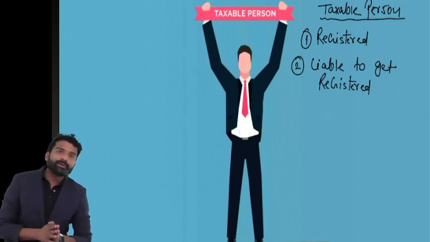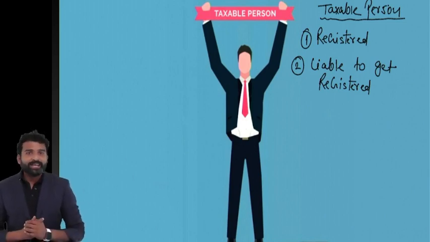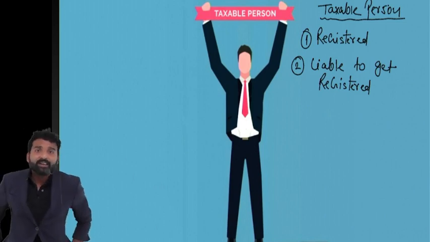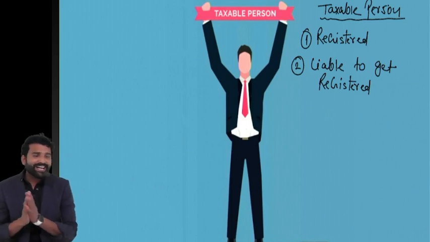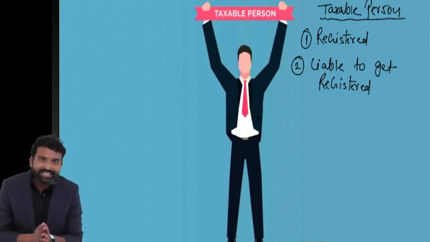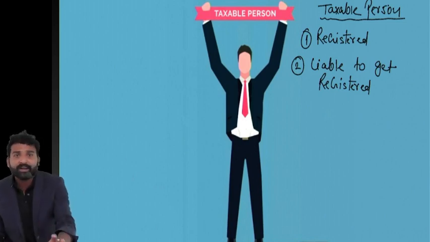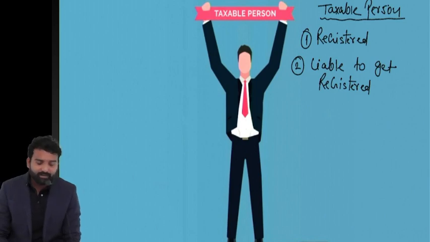Not only the person who is registered, but also a person who has the liability to get registered. He is not registered till now, but he has the liability to get registered, then he is also a taxable person. If a person sells something and doesn't get registered under GST, but he is liable to get registered, then the government can recover GST from that person also. That person will be treated as a taxable person.